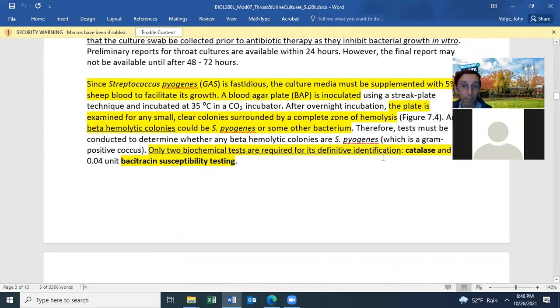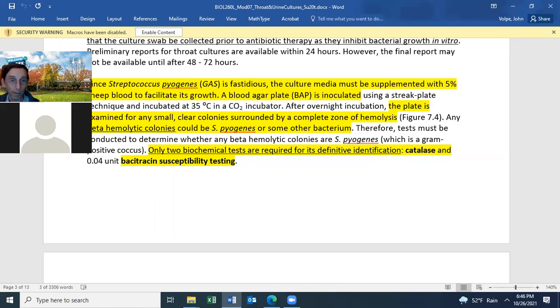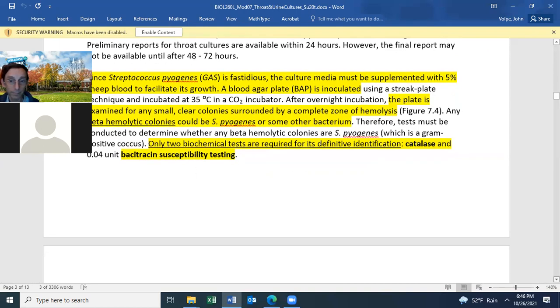If the throat culture shows beta hemolytic activity, you then need to run 2 biochemical tests to prove that it is Streptococcus pyogenes. You run the catalase test and the bacitracin susceptibility test.